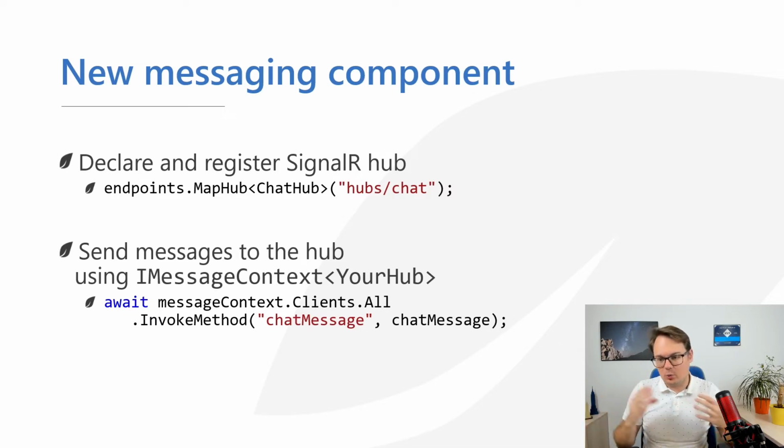So in order to make static commands work correctly, use IMessageContext, not IHubContext. If you declare it in your constructor, you will get an instance, and then you can say message context clients all invoke method chat message and pass a parameter there. You can pass only one parameter or no parameters. If you want to pass more, make a class or record or something that will contain several properties, and that's how you can pass multiple arguments. You can pass objects, basically.